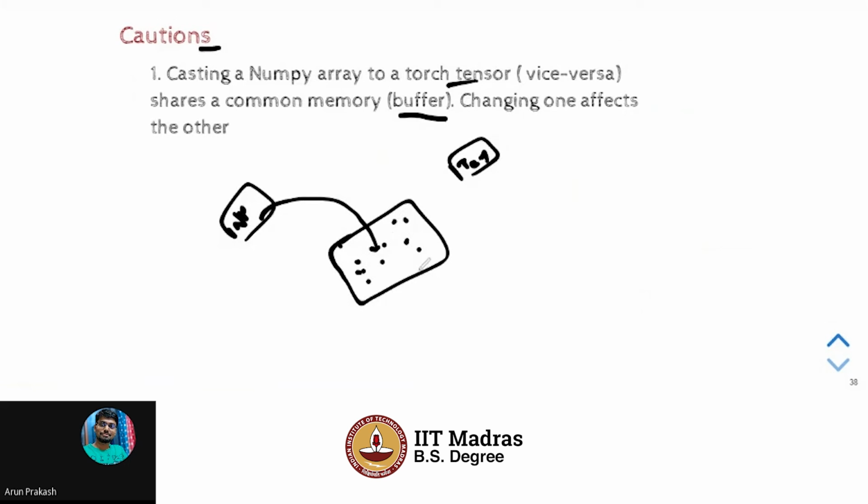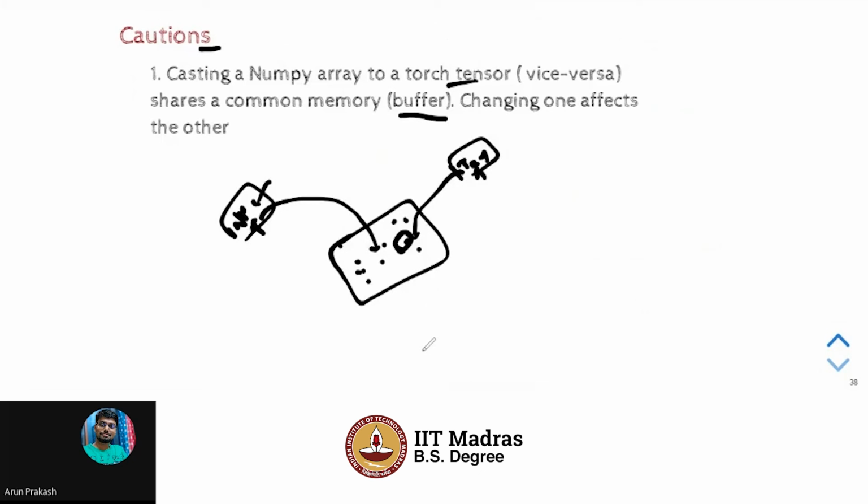Buffer means that before moving on to the original memory, there is some intermediate stage. When I ask it to convert into a tensor, it makes a view with this buffer, which means they are accessing the same elements stored at the memory location. If you change something here, it will be reflected here, and vice versa.